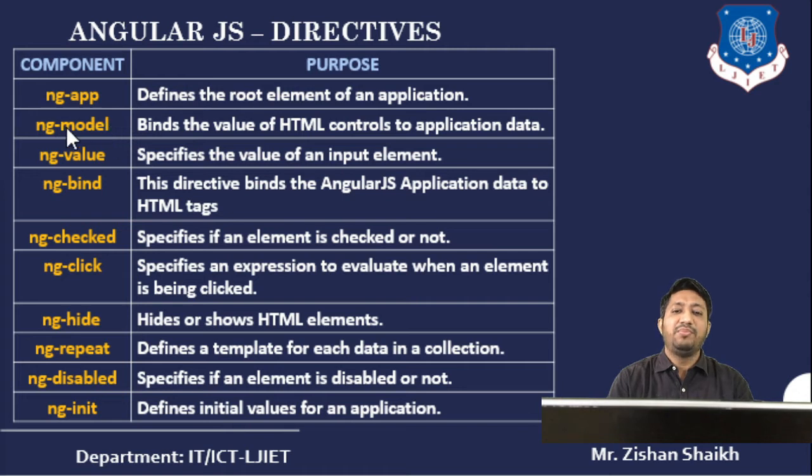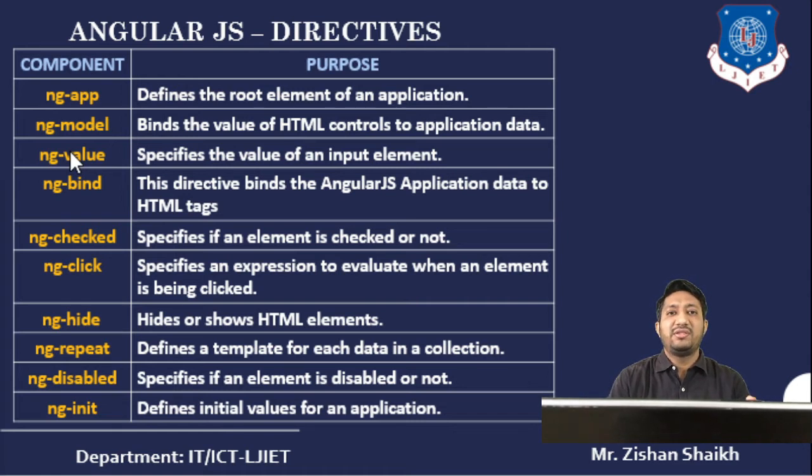Next is ng-model. ng-model is very helpful when you are binding your HTML elements, such as form controls, to AngularJS. Next is ng-value, which is used to specify the value of your elements.